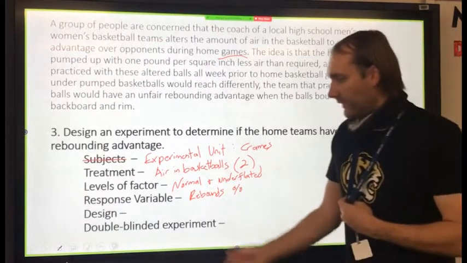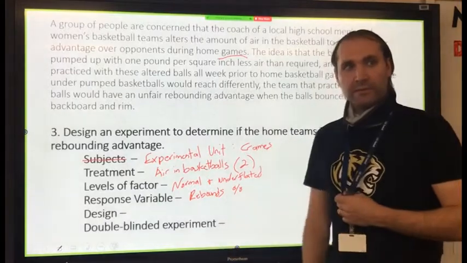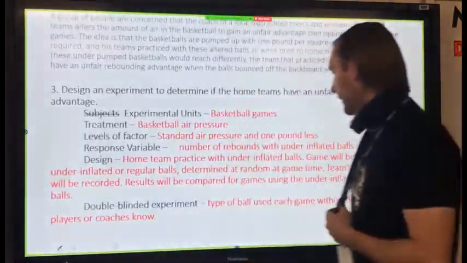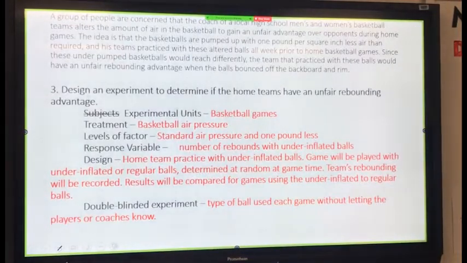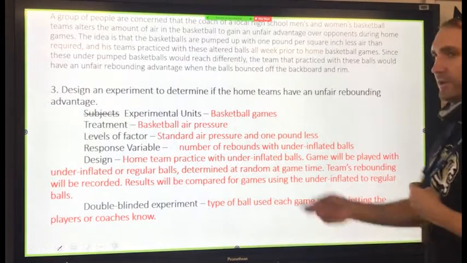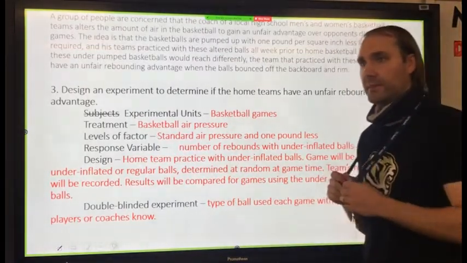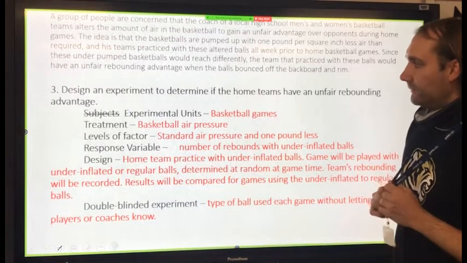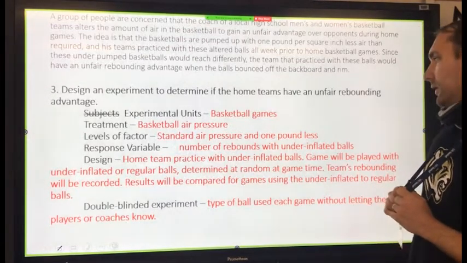Would you tell the person that's counting the rebounds? No. So this would be a type of double-blind experiment: the type of ball used in each game is not known to the players or their coaches. Maybe you don't even know. Maybe you randomize it, give it to somebody else, and have them decide. And yes.